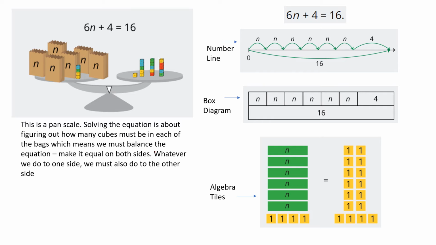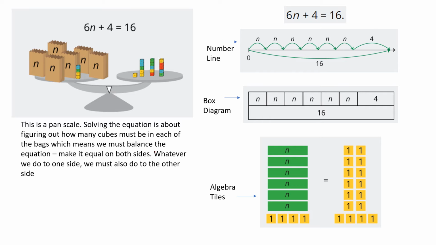So if you take a look at this example, we have 1, 2, 3, 4, 5, 6 n. The bags represent the n, and the cubes represent the other number, the constant. So because we don't have two variables the same, we have to have two different items. So again, the bags represent the n and the cubes represent the other number.